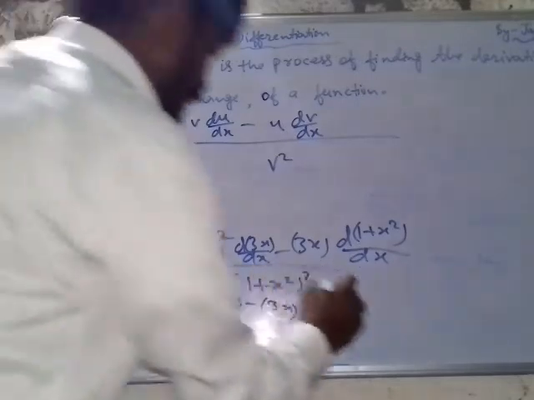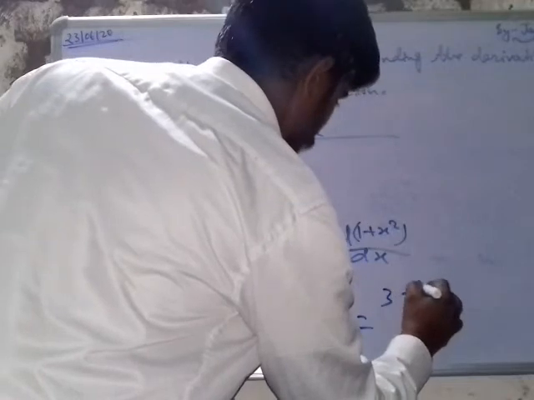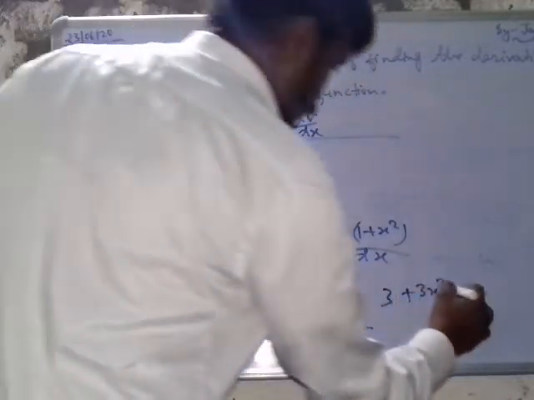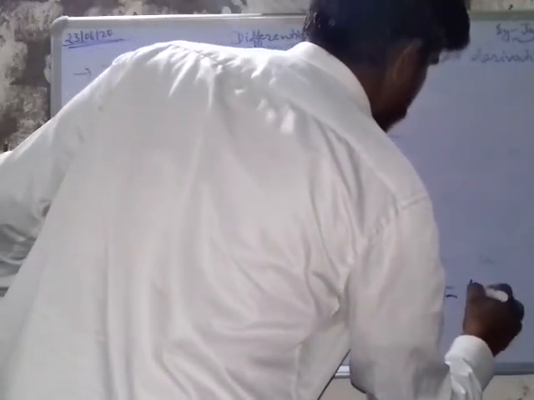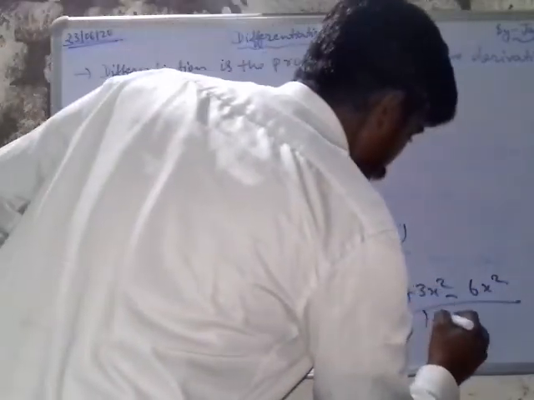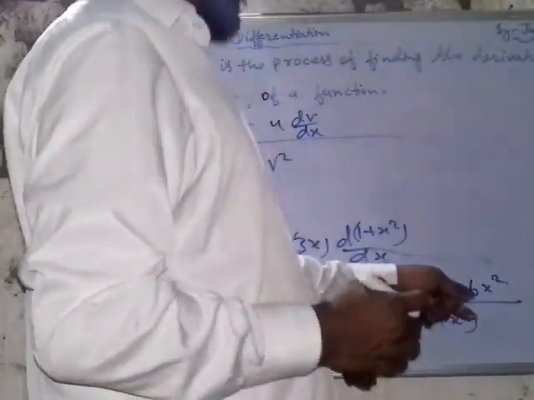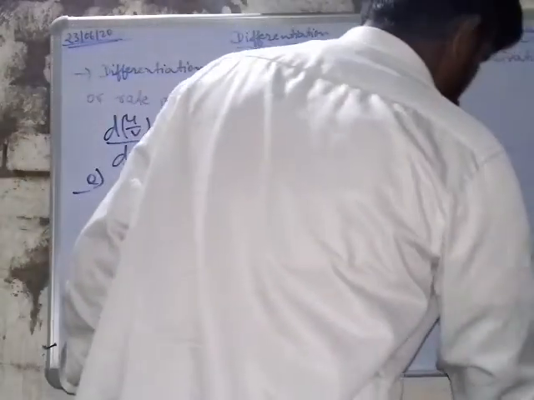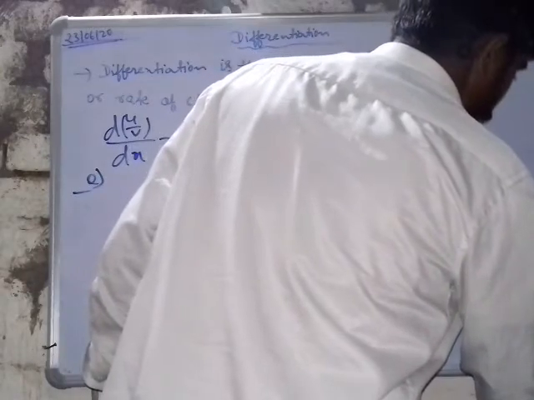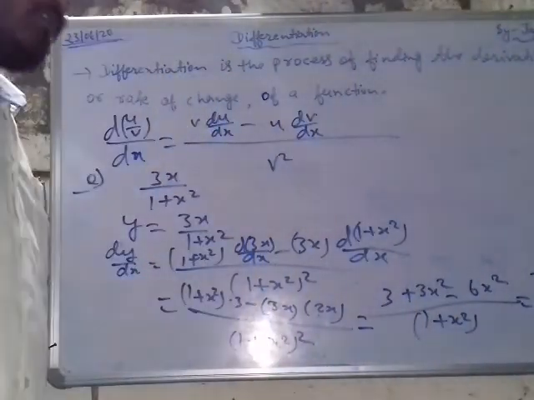Equals 3 plus 3x square minus 6x square, over 1 plus x square whole square. Here 3x square minus 6x square equals minus 3x square, and this becomes 3 minus 3x square divided by 1 plus x square whole square, and this is the final answer for this differentiation.